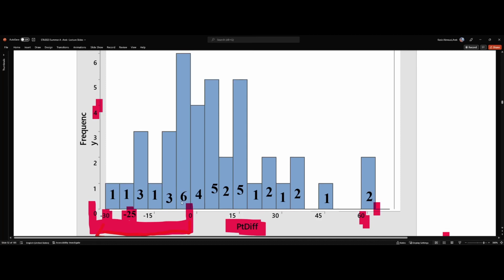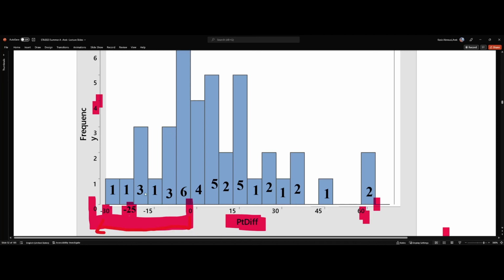The numbers in the bins, like 6, represent the number of games in which a point difference in that interval occurred. So these are all the games that the Gators lost, right?